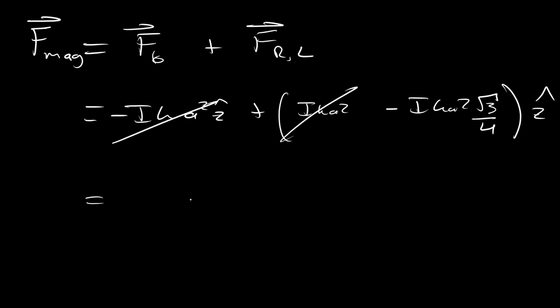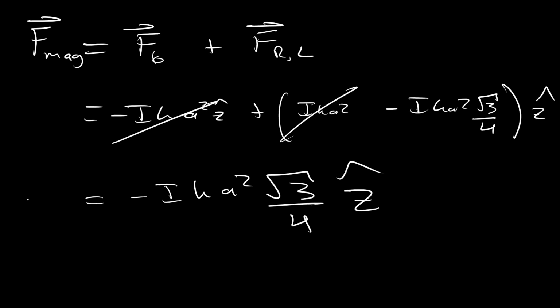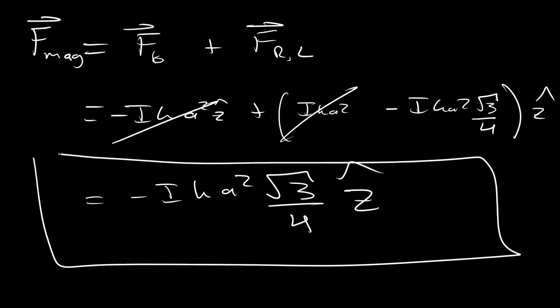So our magnetic force for this configuration is just going to be minus I k a squared times root 3 per 4 z hat. All right, fantastic. That is how you find the magnetic force from a current carrying wire loop.